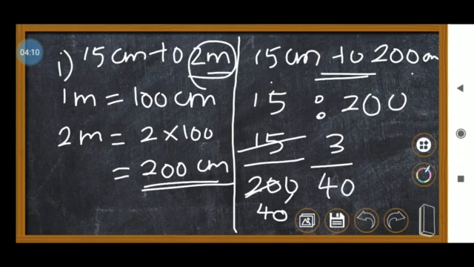So 3 divided by 40. There is no other number which can divide, so simply we leave it. 3 divided by 40 we can write as 3 is to 40. So this is the first case: 3 is to 40. Remember that, students.